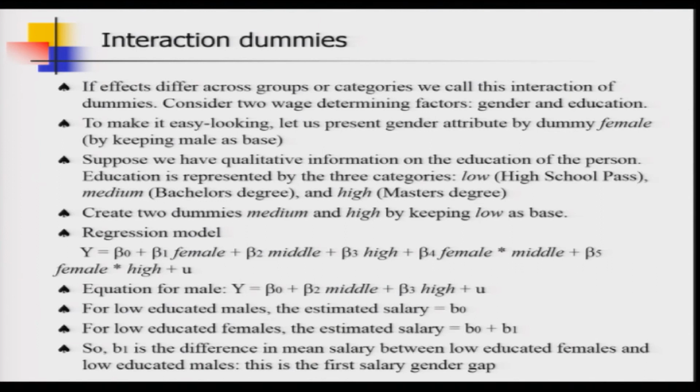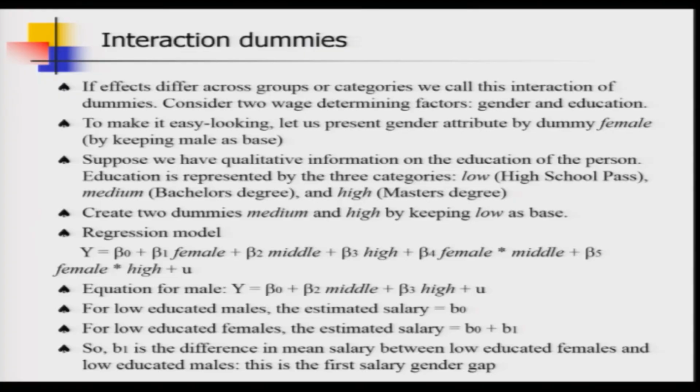Okay, so now let us talk about low educated males versus low educated females. So we are basically now fixing the level of education, and we are going to see how gender is going to play a role in salary difference. So I want you to go back to that equation again. And now let us assume that you have got data.